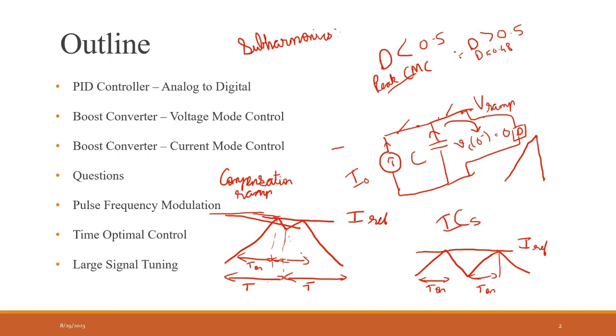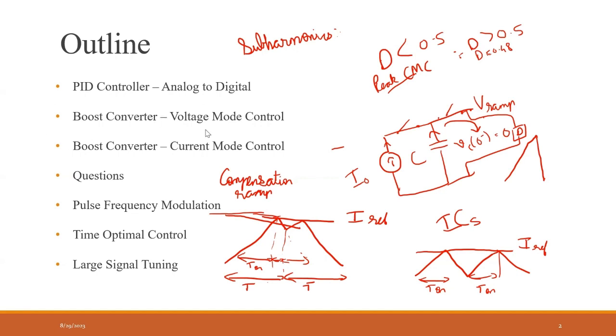That has not been taught, so we will be covering that in this session. This was taught in week 5, and I'll do a brief recap. A PID controller has three parameters: KP, KI, KD. And we will consider how to convert those gains from the analog domain to the digital domain.